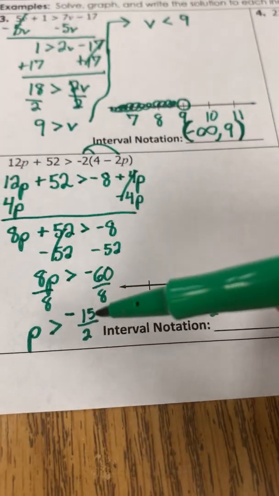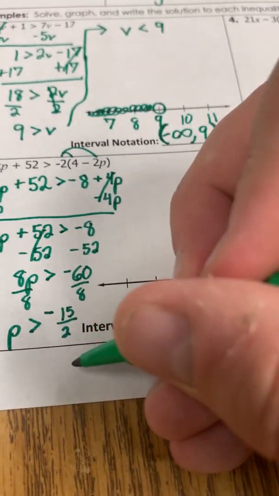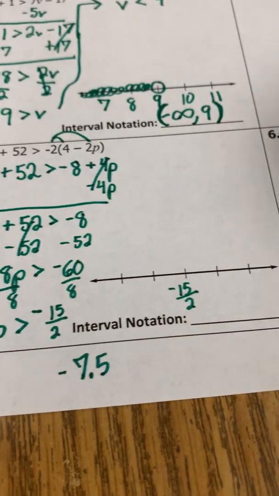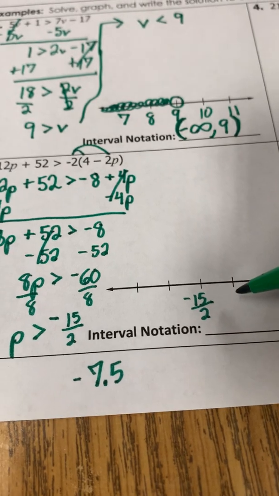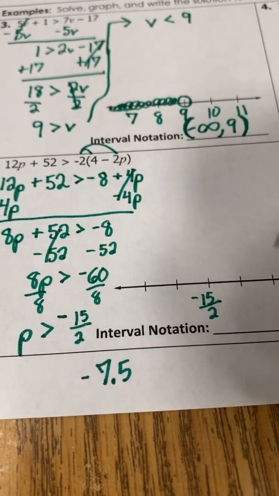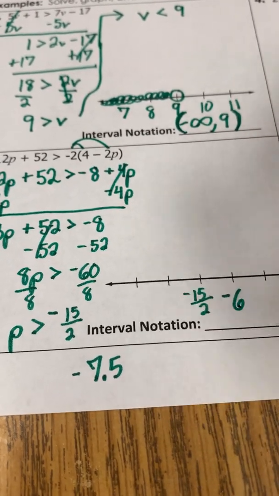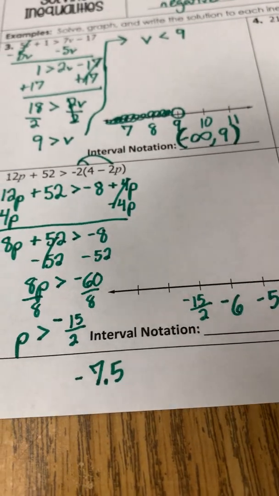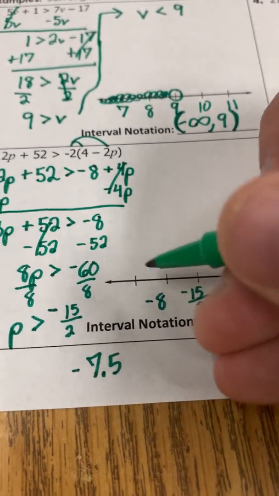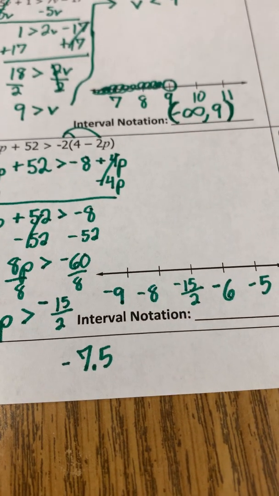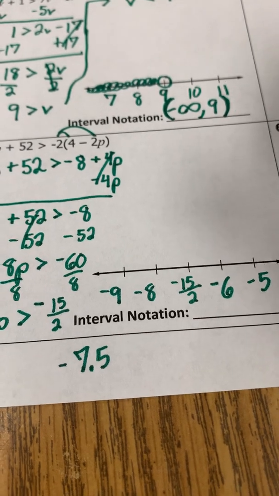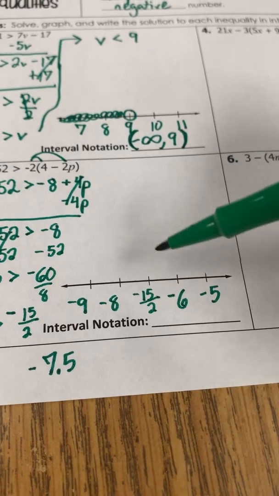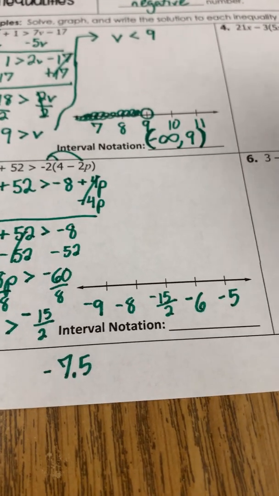If you wanted to figure this out, negative 15 halves, that's really negative 7.5. Okay, so what's a number bigger than negative 7.5? Negative 6 is bigger. Negative 5 is also bigger. What's a number smaller than negative 7.5? Negative 8 and negative 9. Okay? Now you could list the fractions. I'm not too picky about that. I just want you to be able to list some numbers, greater than and less than.